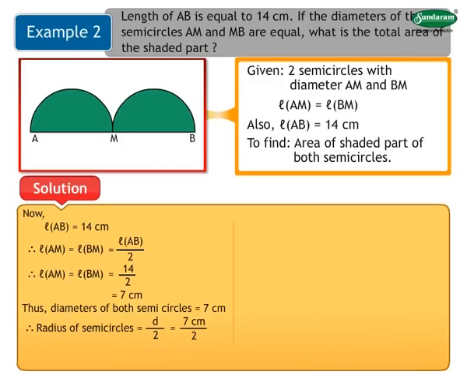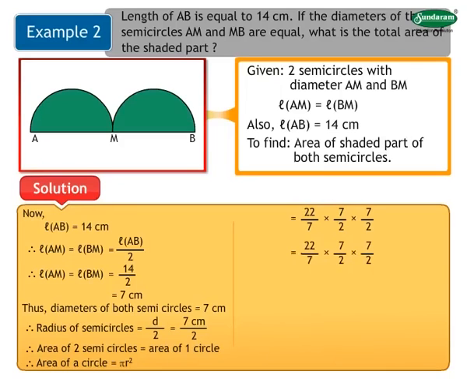So, according to the data, we can conclude that two semicircles make one circle. Therefore, the area of two semicircles is equal to the area of one circle. The area of a circle is pi into radius square, which is 22 upon 7 into 7 upon 2 into 7 upon 2.